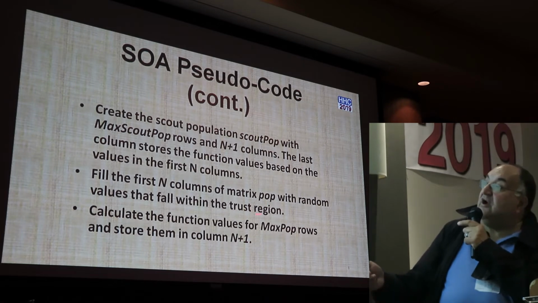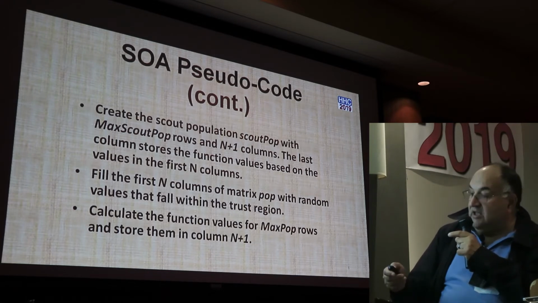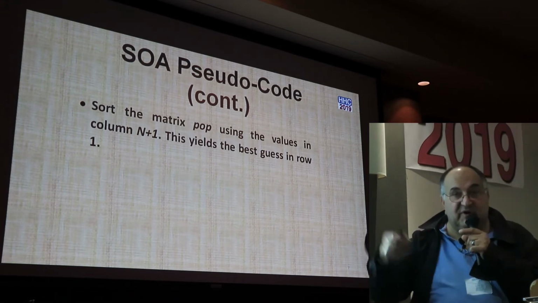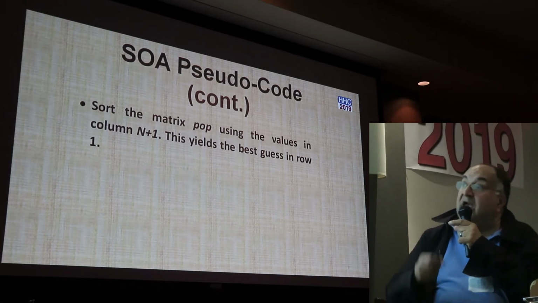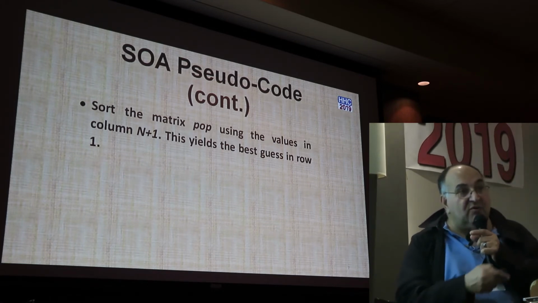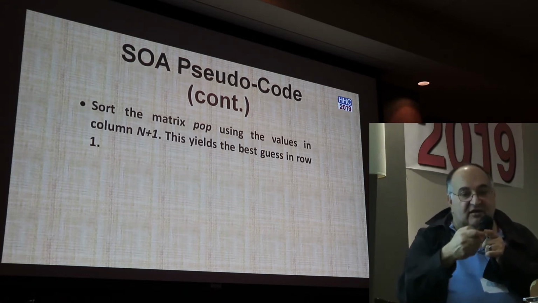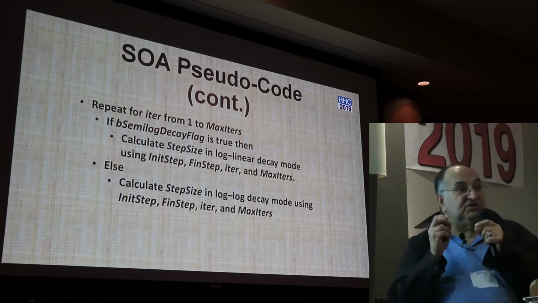And then I fill in the first n columns of pop with random values that fall within the trust region, and then calculate the function value of the max pop rows and store them in column n plus 1, as I say. Then I sort, this is part of the initial preparation. I sort the matrix pop using the values in column n plus 1, which has the function values, and this yields the best guess in row 1. Row 1 has the locations of the best value so far, and the best function value. And this is the initialization.